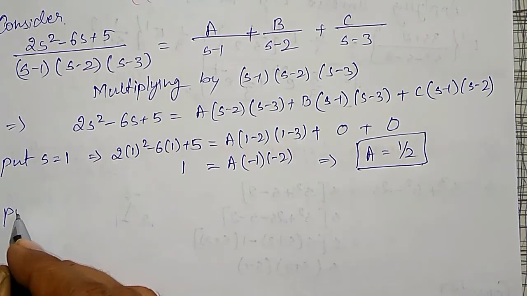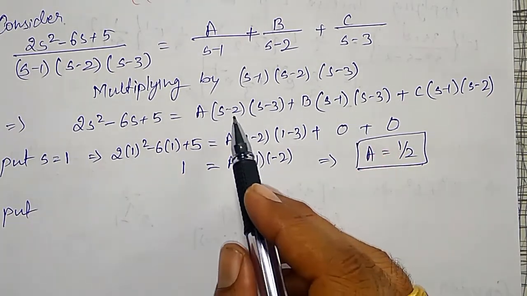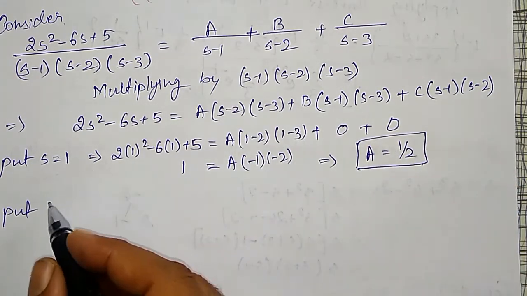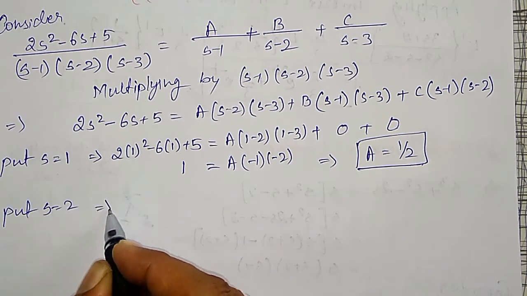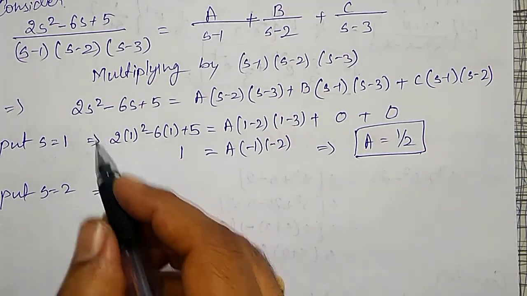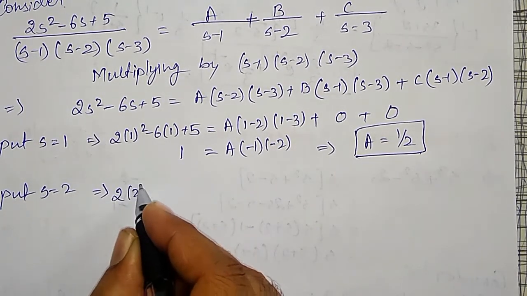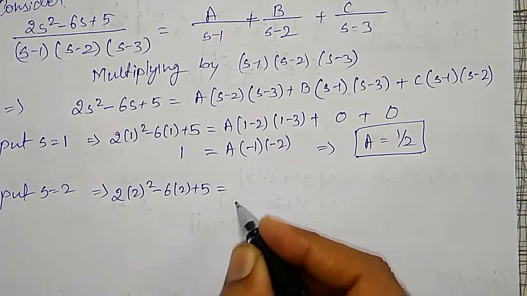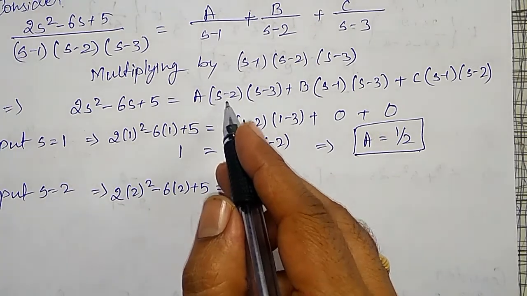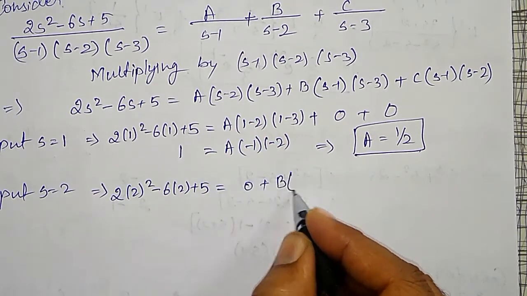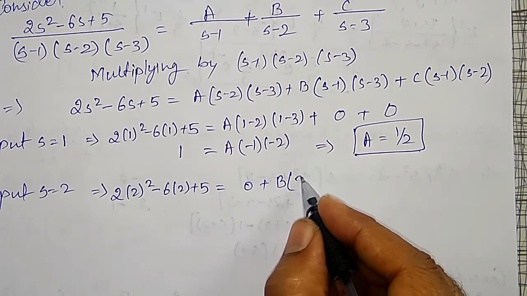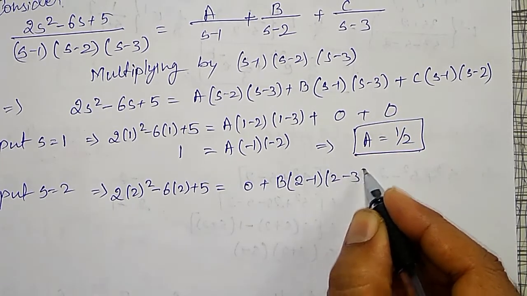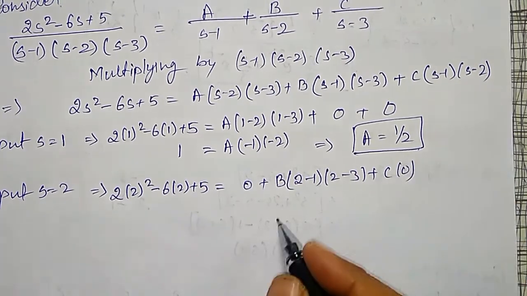Like that, to get B, the common term for A and C is s − 2. Let me put s equal to 2. By putting s equal to 2, 2 into 2 squared minus 6 into 2 plus 5 equals A into 0, plus B into (2 − 1)(2 − 3), plus C into 0.